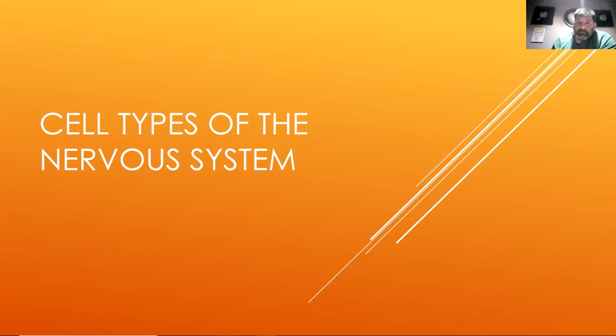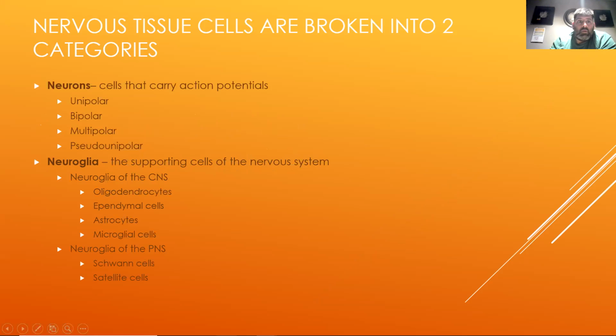So what we're going to see here is that there are several types of neurons. And there are several types of glial cells. And as I mentioned, I'm only really going to talk about the neurons in this video. But we break down nervous tissue cells into these two types.